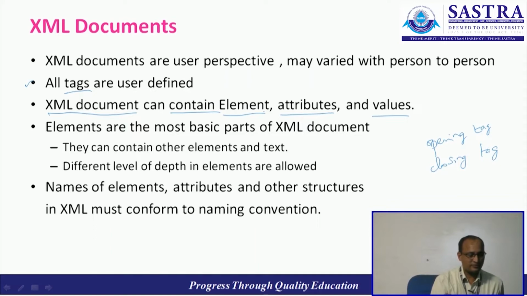Elements can have one or more child elements, subchild elements, text and attributes. So I can say these are the components of an XML document. It is purely user perspective, so the depth of elements will vary, and any number of depth can be allowed for an XML document.